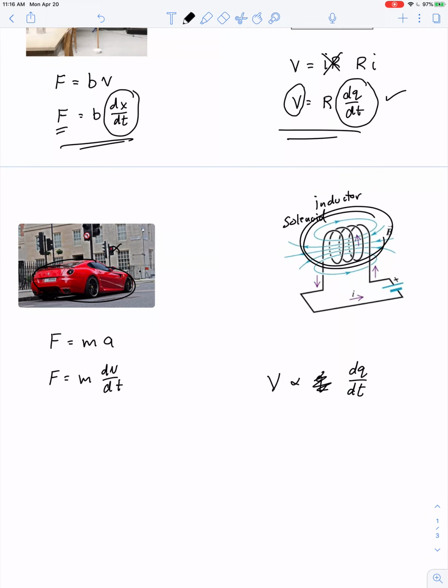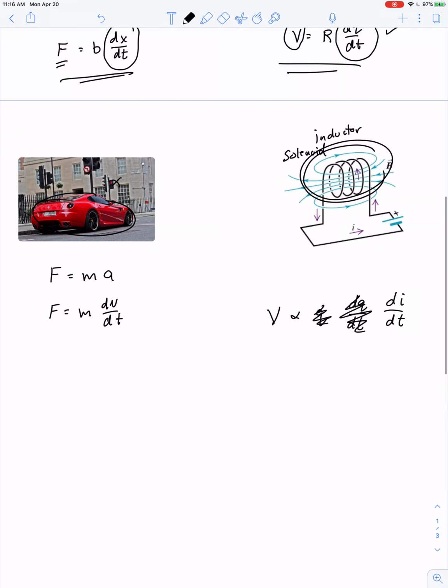In fact, if a constant current flows through this inductor, then there's no voltage at all. Inductors only have a voltage if there's a rate of change of current flowing through them. The equation we'll get to ultimately says the voltage across an inductor is equal to some constant multiplied by di/dt, and that constant will be given the symbol capital L, so that's our symbol for inductance.